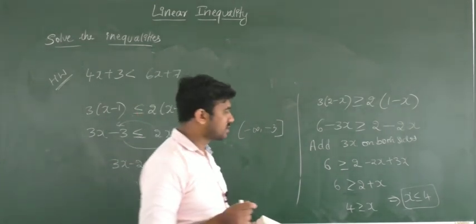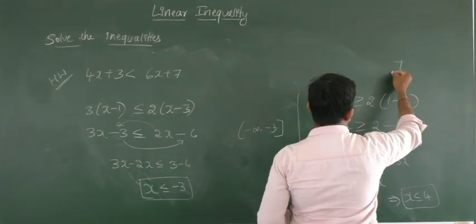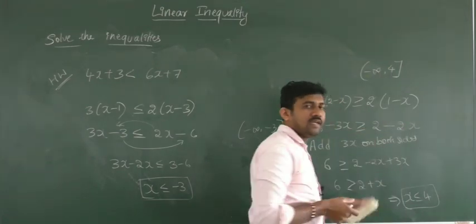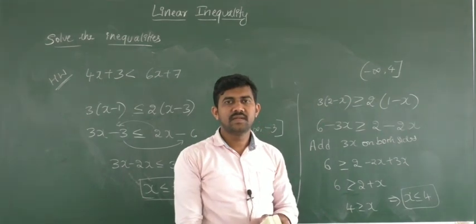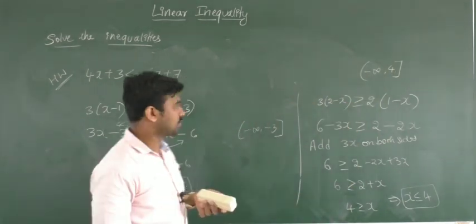The real numbers which are less than or equal to 4 are from minus infinity to 4, including 4 here. This is the solution set: minus infinity to 4, including 4. Closed at 4.